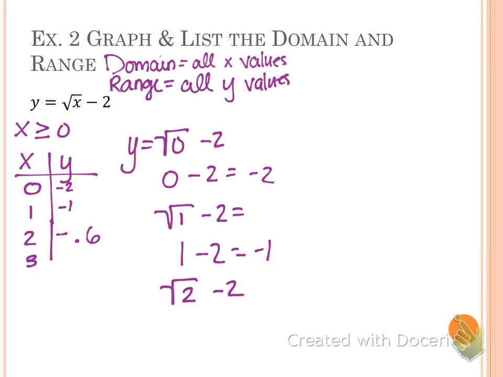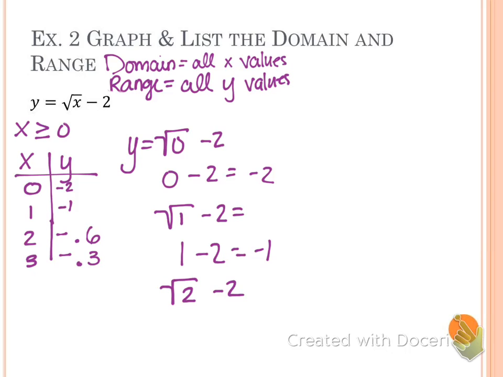So let's do the last one. So I plug that in and I get the square root of 3 minus 2, and I'm going to get, in decimal form, negative 0.26. So if I round that, I'm going to have negative 0.3.